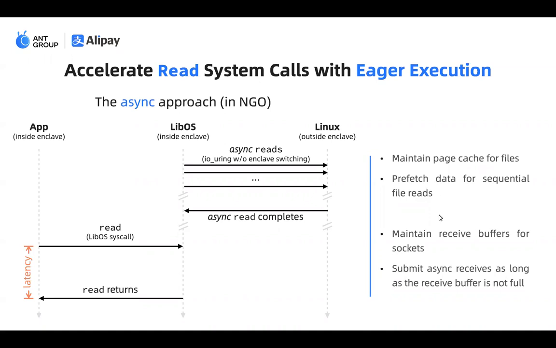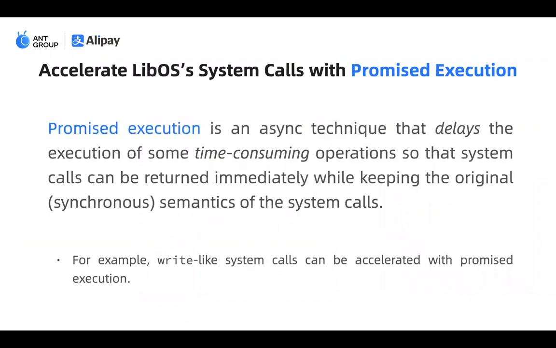And for sockets, we maintain receive buffers so that even before the trusted app requests some socket data, we can submit an async receive request to Linux and store the data inside the library's receive buffers. Okay, so this is eager execution.